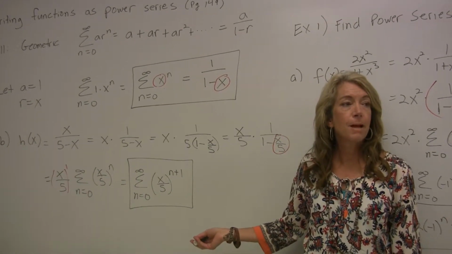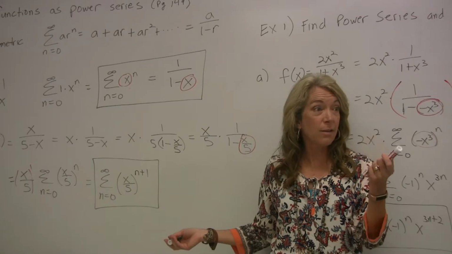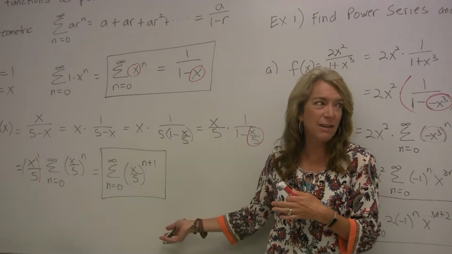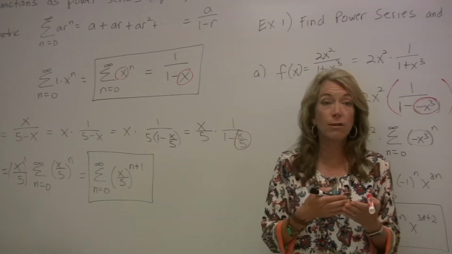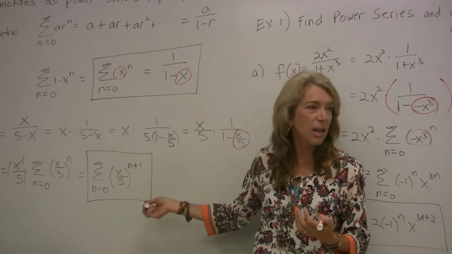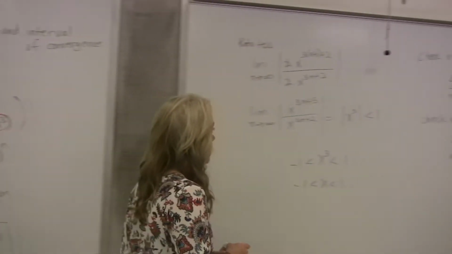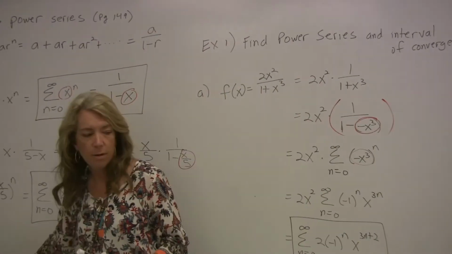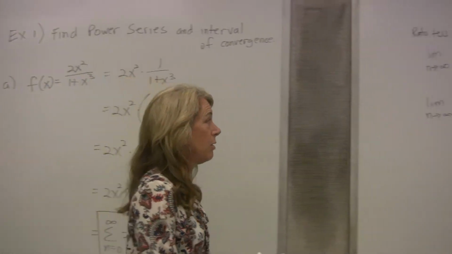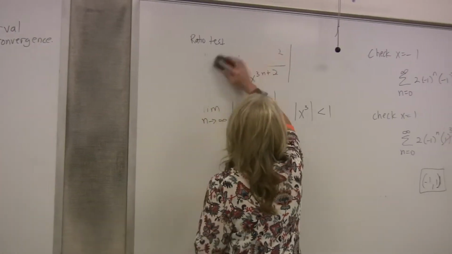Because we need to find the actual one. Aha, we want to find the interval of convergence. We're not checking to see if it converges, but we're looking for the interval of convergence. So this is where we either do the ratio test or the root test. So let's do the ratio test. This looks very familiar, we'll bring it over here.